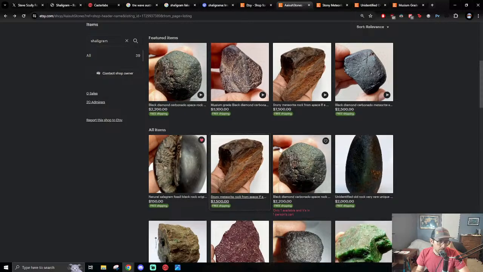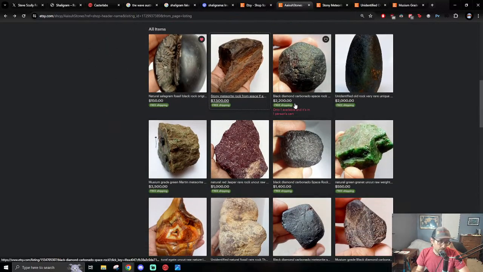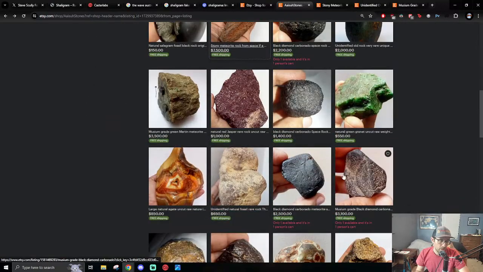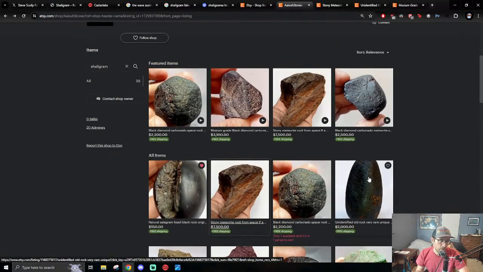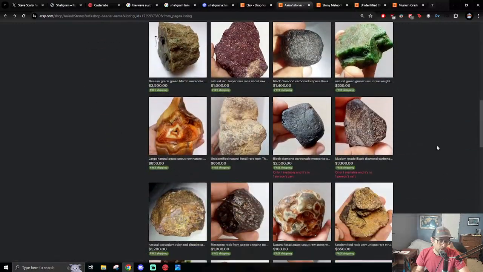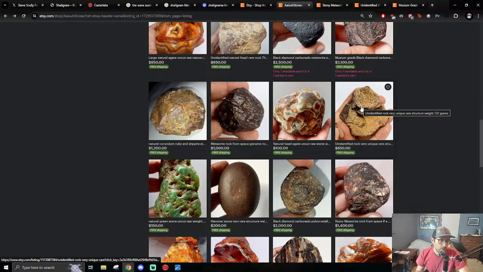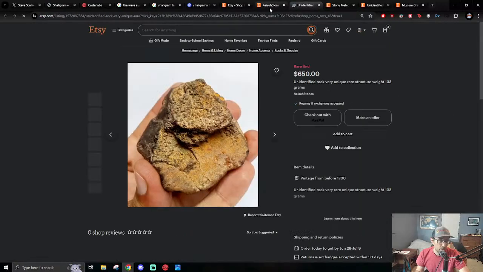I don't know. The more from space I see, the more I'm like, I don't know. This one are the same. Might be the same ad. Sometimes people post the same thing inadvertently. Same images.